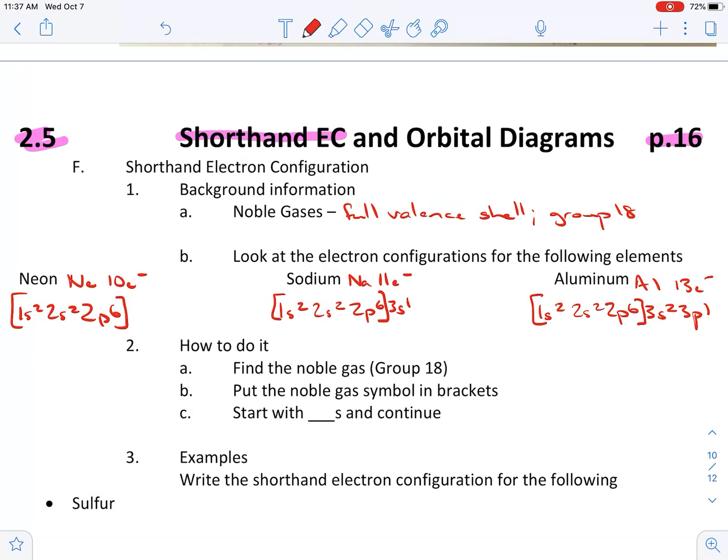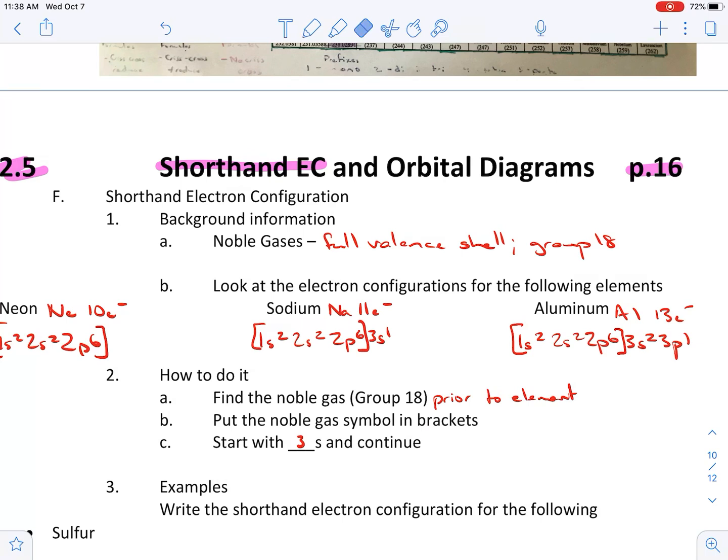The first step is we find the noble gas that is prior to our element, which means in the prior row. Then we put that noble gas symbol in brackets. In this case, it would be neon. And then we start with whatever row we're in. If we were doing sodium, that would be the 3s, but that's going to change for each element.